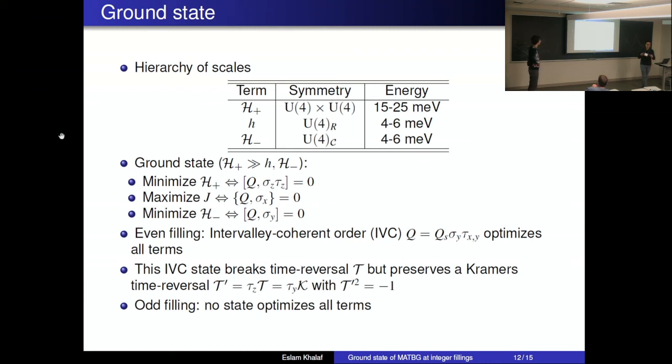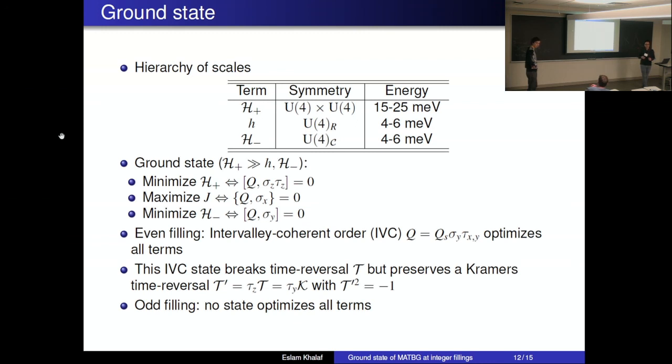In both cases, you still have a manifold of states because you have a U(2) times U(2) symmetry, and then you need to add the Hund's coupling terms that break the symmetry down. It depends on this small symmetry breaking term whether you get a purely spin polarized state or a state with spin valley locking, so spin up in one valley and spin down in the other valley.